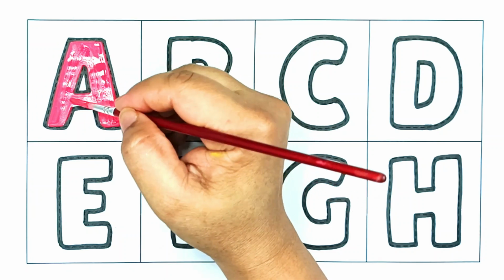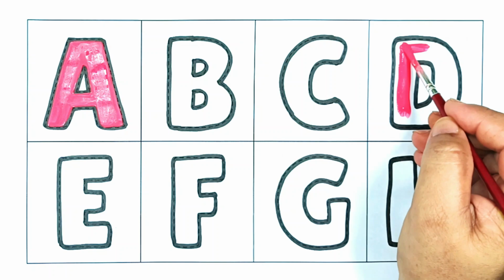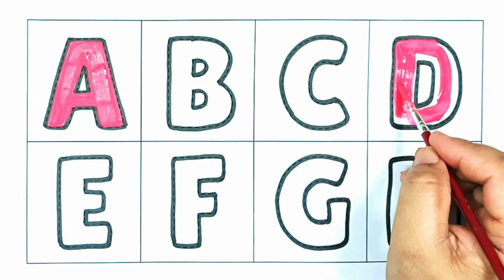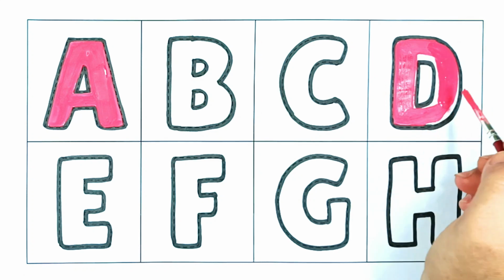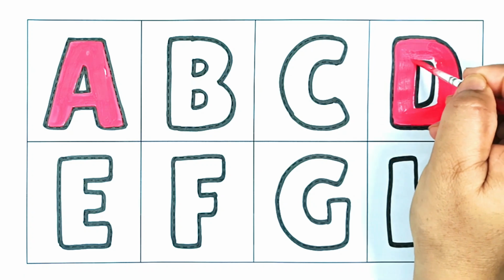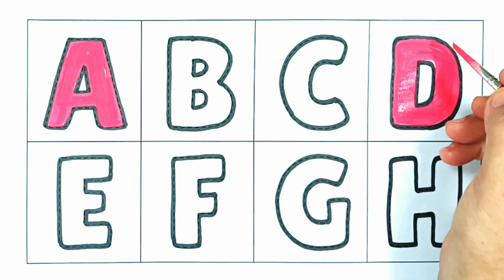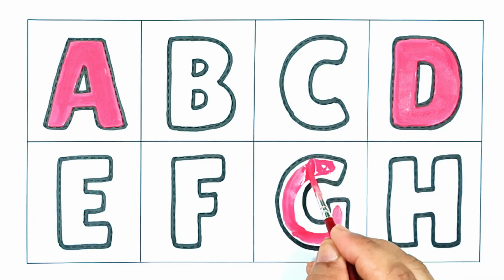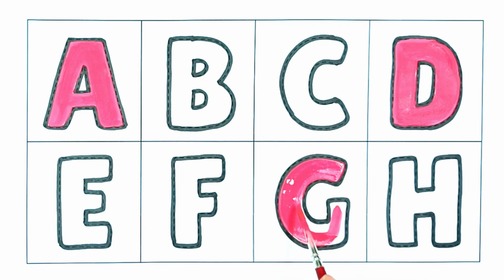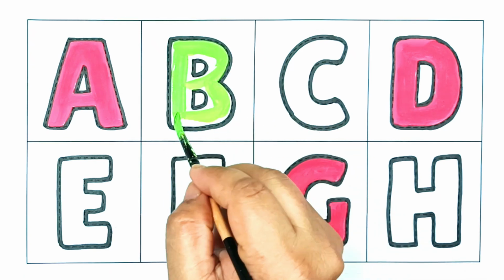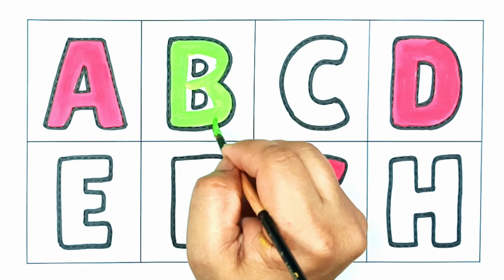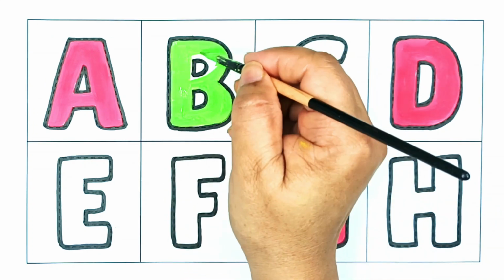A for apple. A for apple. D for doll. D for doll. G for glass. G for glass. B for ball.